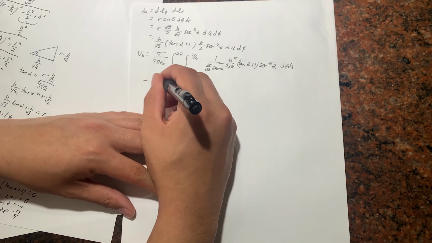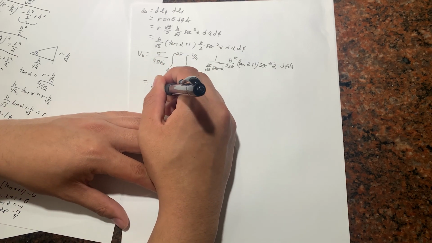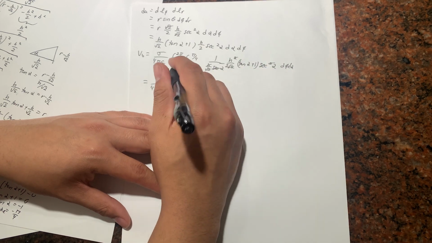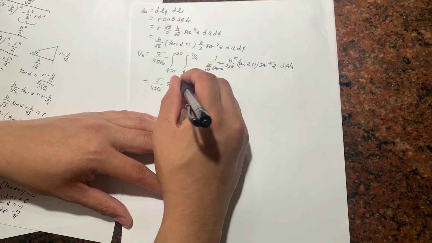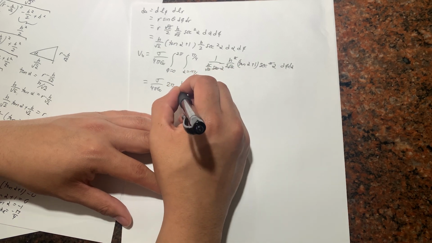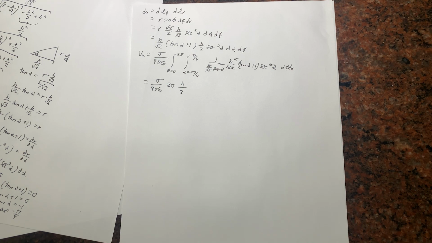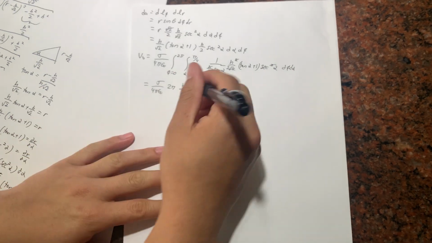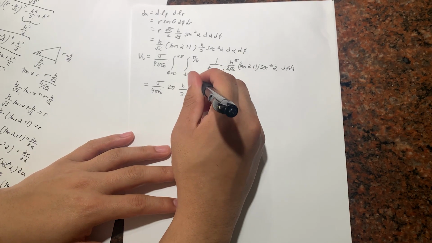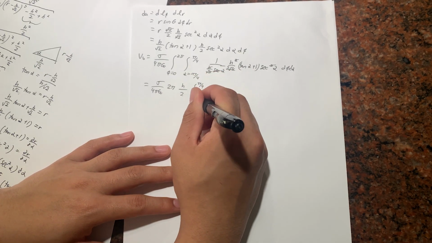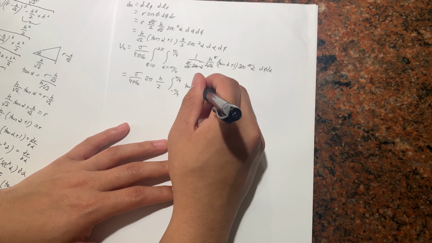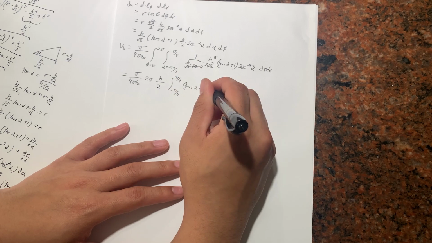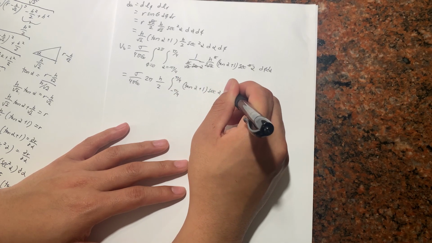The phi integral is going to turn into 2 pi. And then we'll have an h over 2 term, and then we'll write out the integral from -pi/4 to pi/4 of tangent alpha plus 1 times secant alpha d alpha.